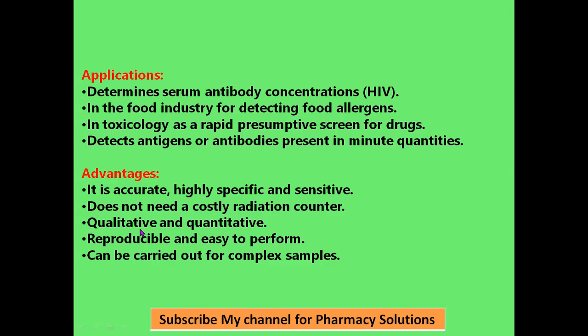This test can be used for qualitative analysis as well as quantitative estimation. It is also reproducible, meaning when you carry out the test and immediately carry it out once again, the result should be the same. It is easy to perform and can be carried out for complex samples containing different antigens or antibodies, where the specific antigen reacts with the specific antibody.